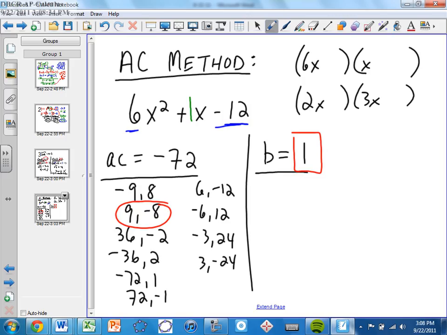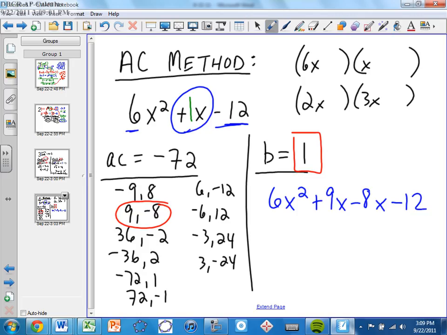Now, from that point, we have to write another equation, and I'm going to explain this. What I want you to do is go back to your original equation up here, and wherever you have a B value, replace it with a 9 and a negative 8, so that your equation now looks like this: 6x squared plus 9x minus 8x minus 12.